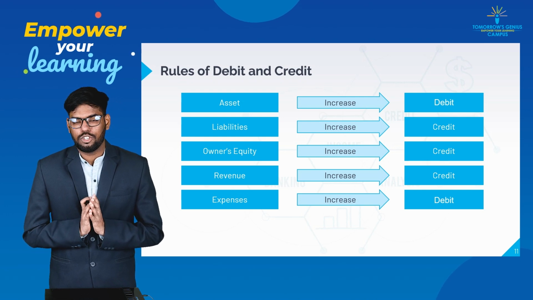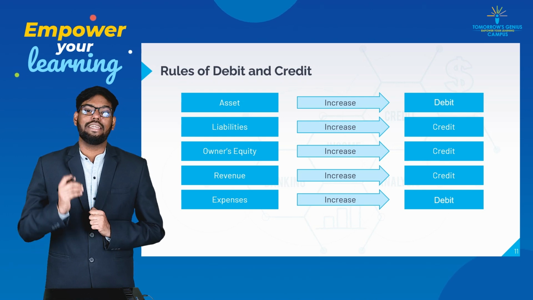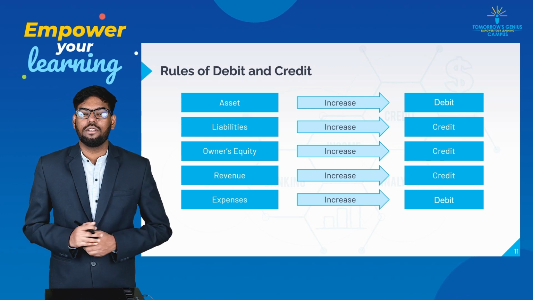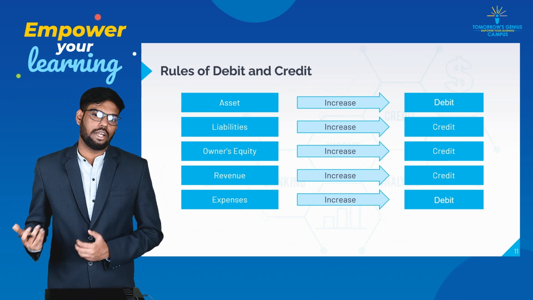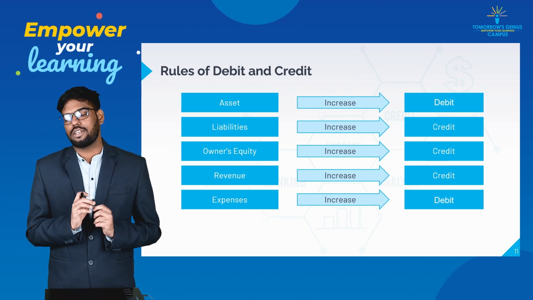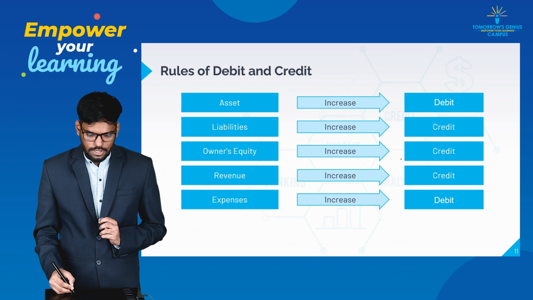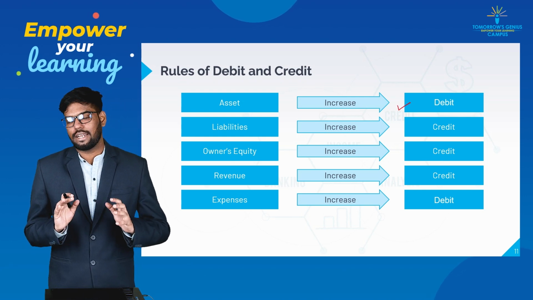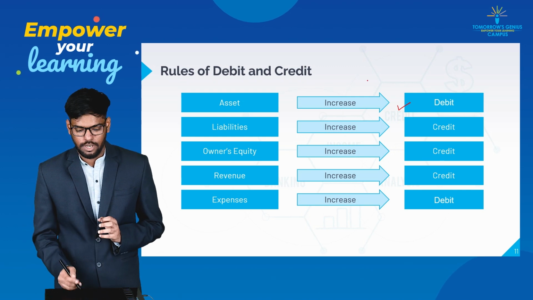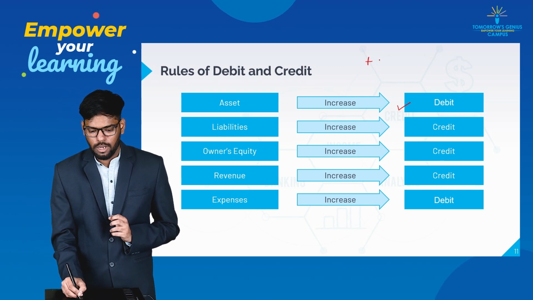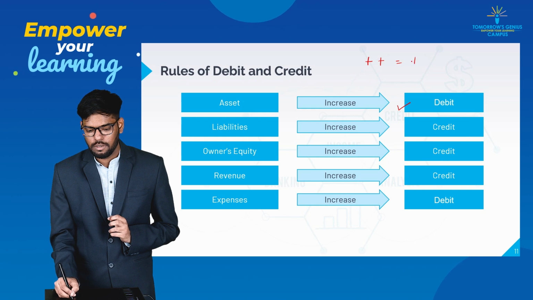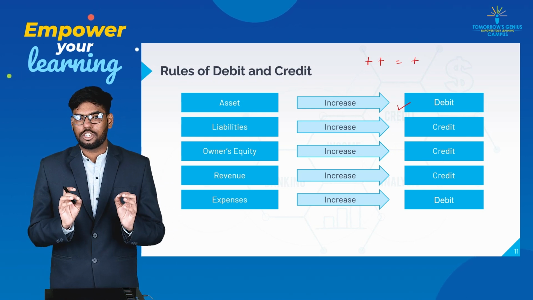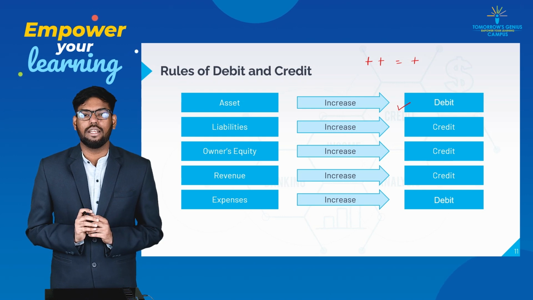Now, suppose I say an asset increases. What does it mean? Do we debit it or credit it? Whenever an asset increases, that is nothing but a debit. As you might be aware of the maths rule, plus is equal to plus. Similarly, we have a rule in accounts.